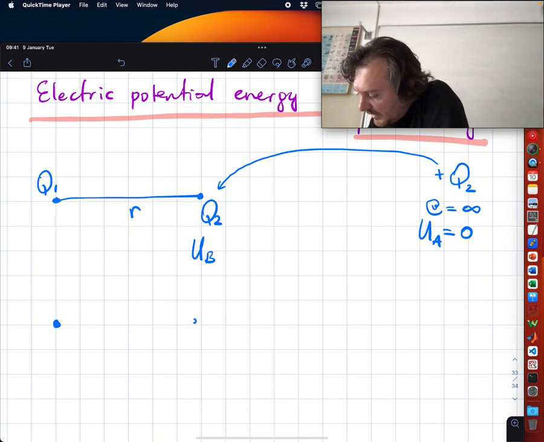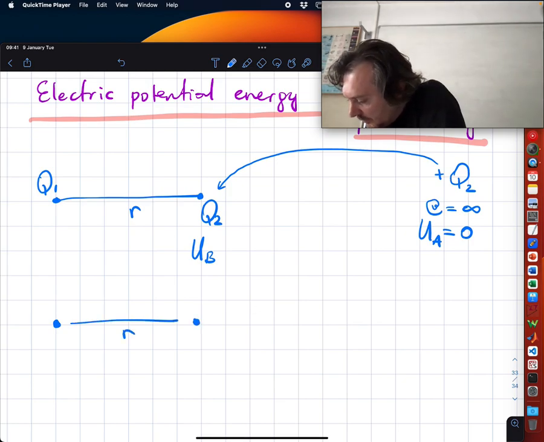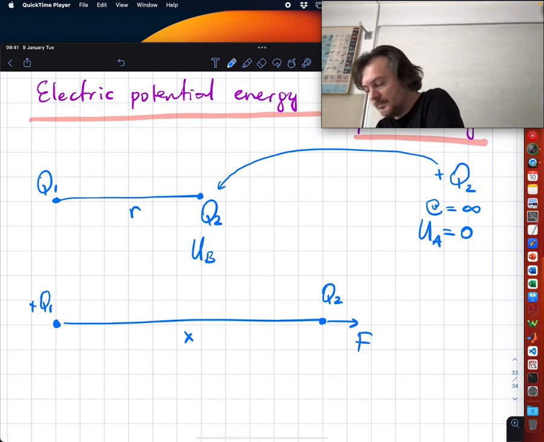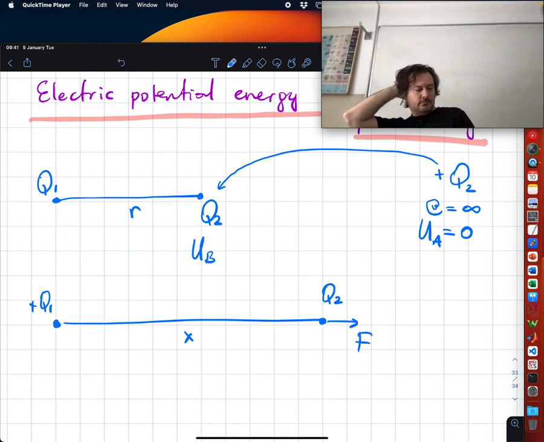In the final situation, I am at a distance r, and I'm going to take it to a distance x, let's say. What is the force acting on this second charge at a distance x?